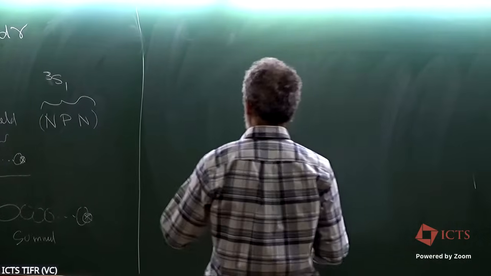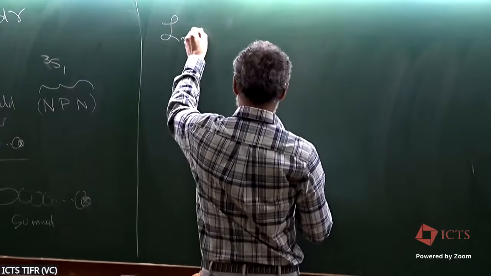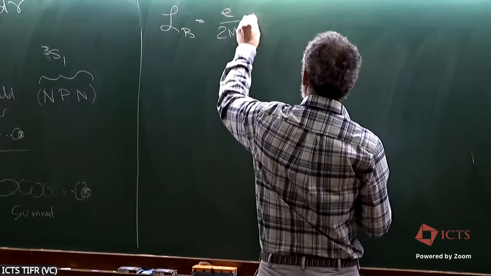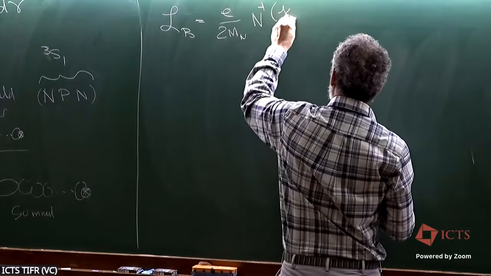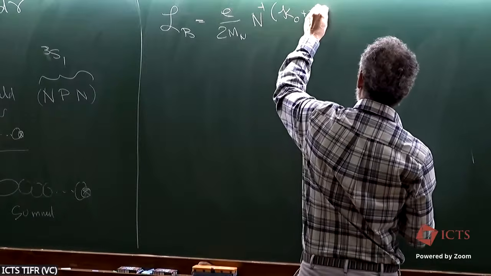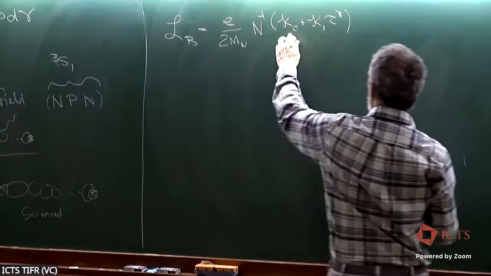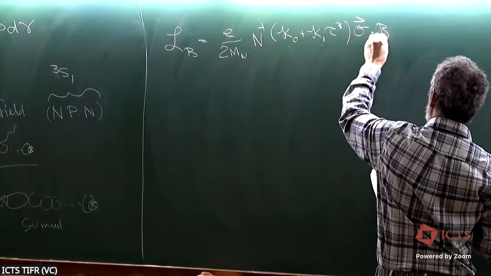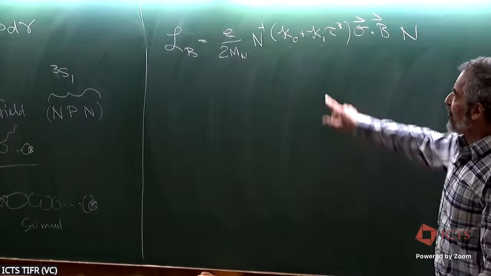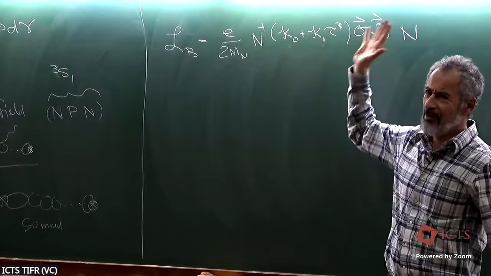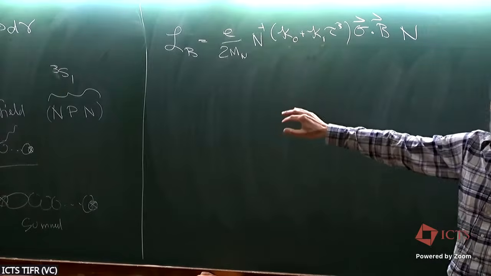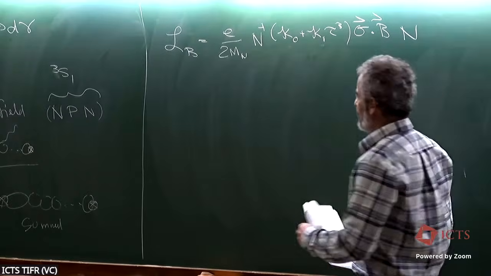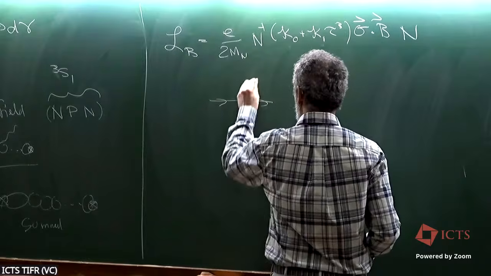And so you have to add L_B, which is equal to e over 2M nucleon times N dagger times kappa 0 plus kappa 1 tau 3, which is the isosinglet and isotriplet anomalous magnetic moment. And these are already measured. I guess Robbie did that, at least the proton. And so these numbers are known. And so this is what provides the coupling of the photon.